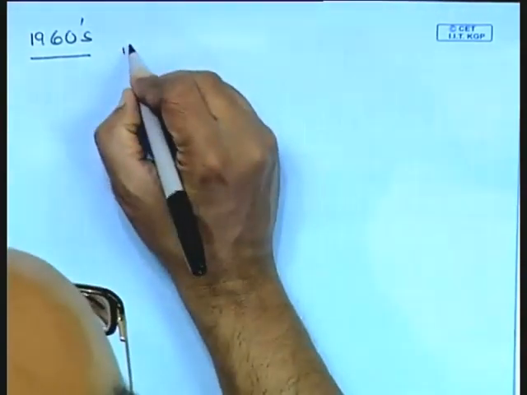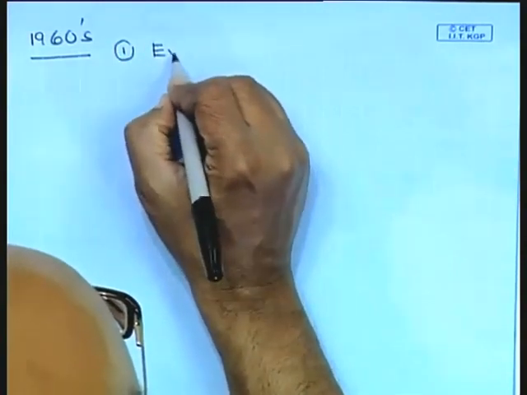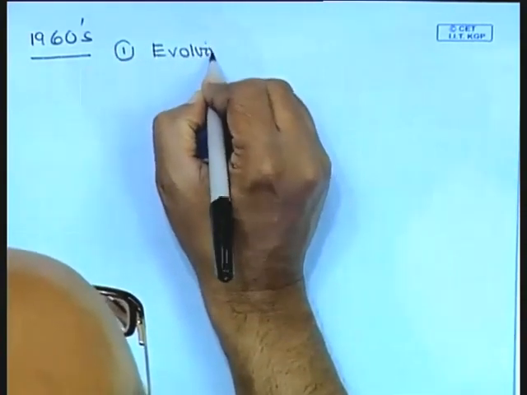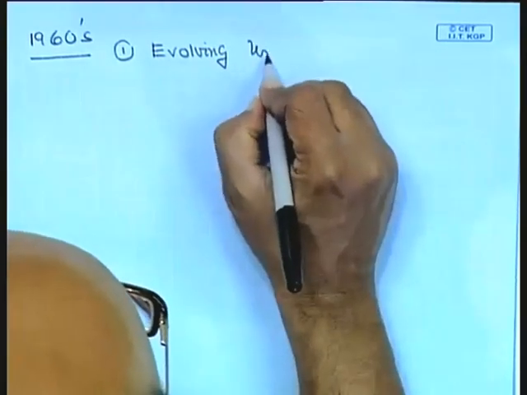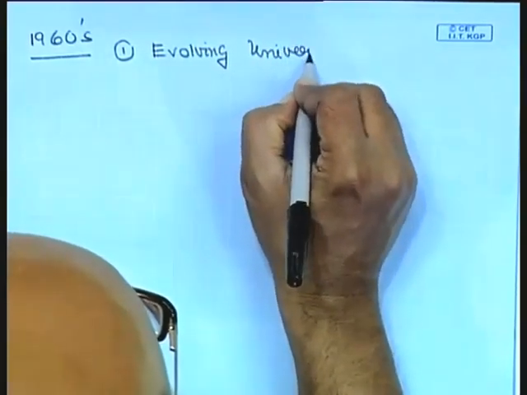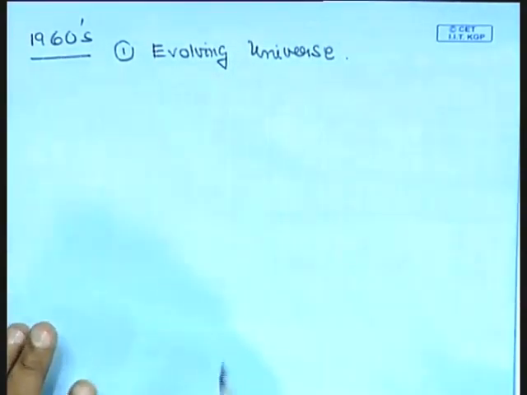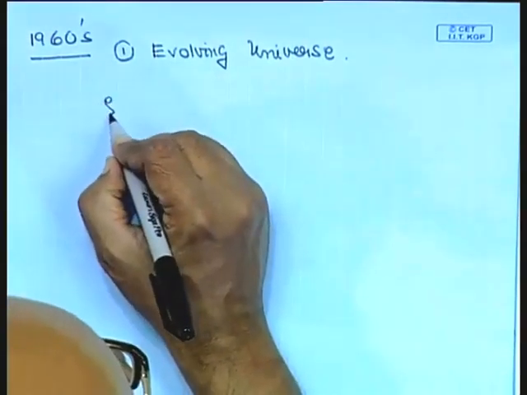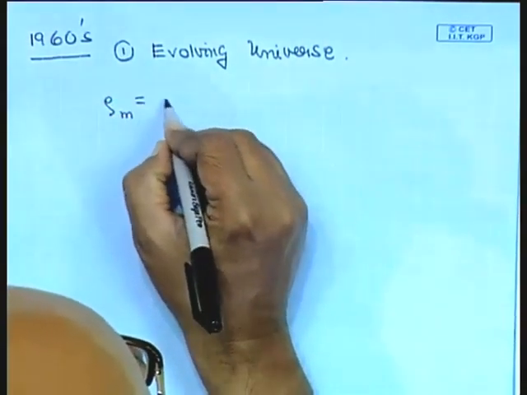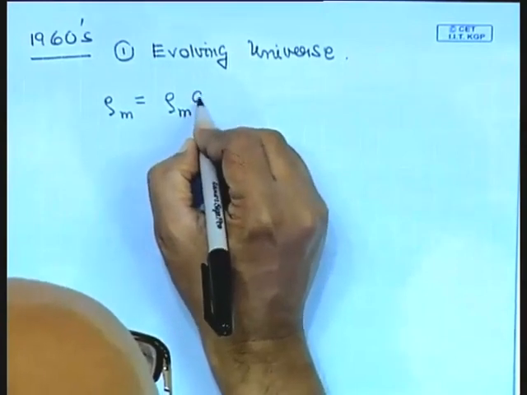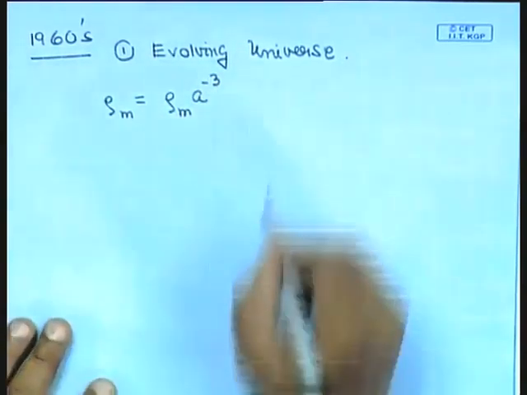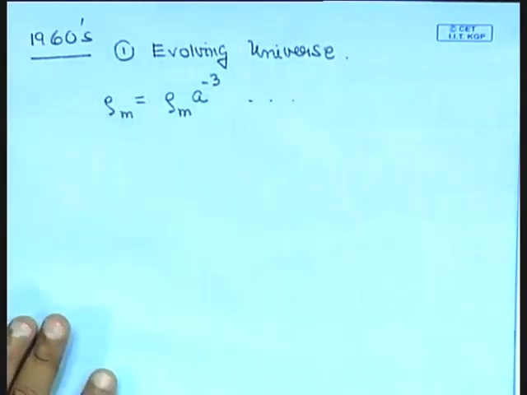One was the evolving universe, which is the model that we have been discussing. In this model things change with the scale factor. For example, the matter density is equal to the present matter density a to the power minus 3, etc. Everything evolves with the expansion of the universe.